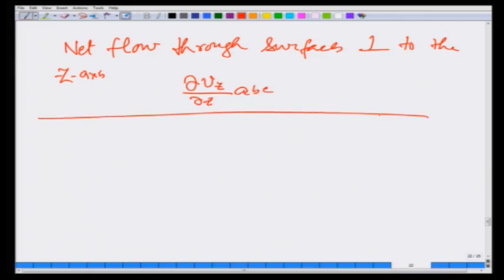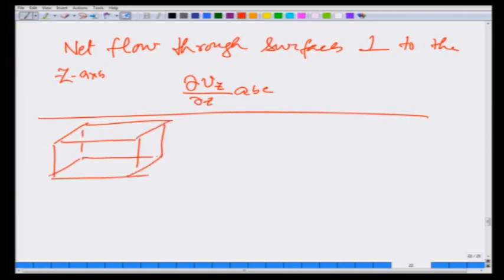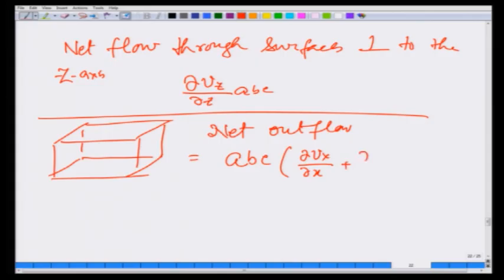So, overall through this box, if I count all the surfaces, the net flow is a b c is common, partial V x by partial x plus partial V y by partial y plus partial V z by partial z.